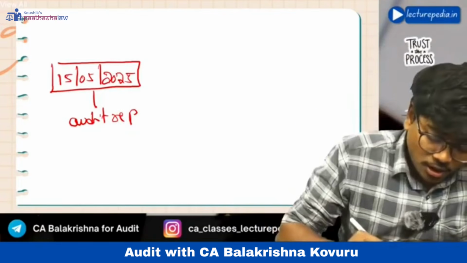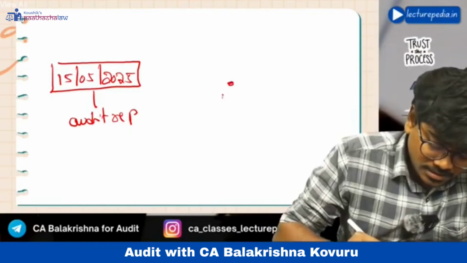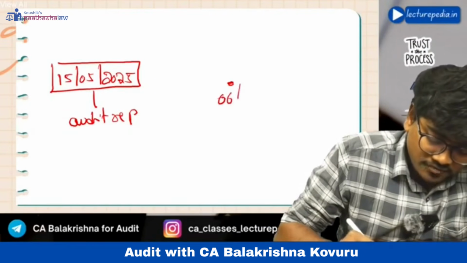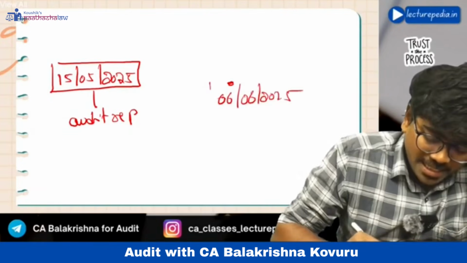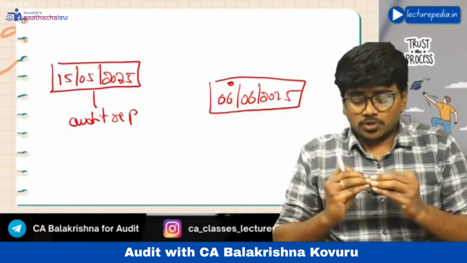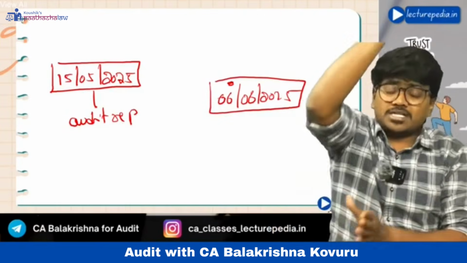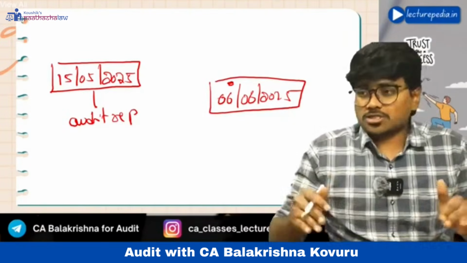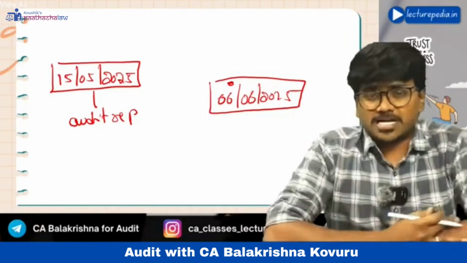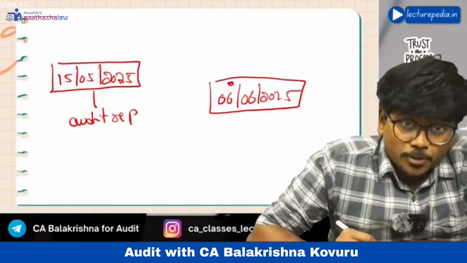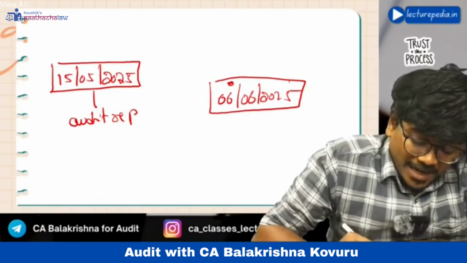Now on 6th June 2025, the auditor has come to know about a particular fact which was present before the date of audit report only. Now because of this, the financial statements have to be amended. That means the audit report date will pass this date.